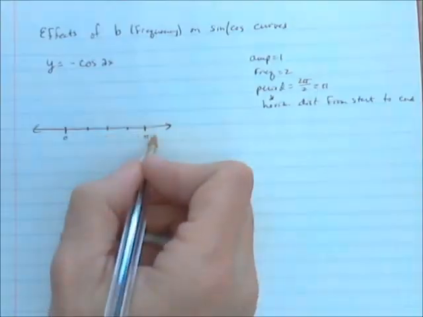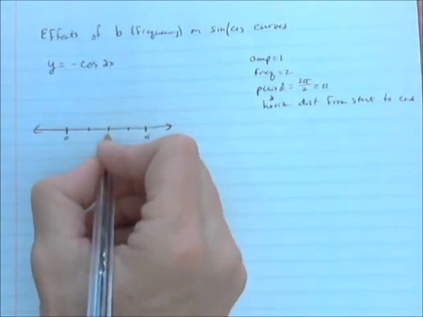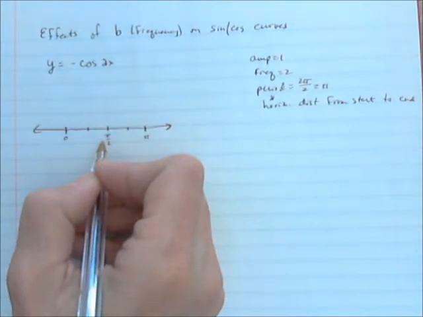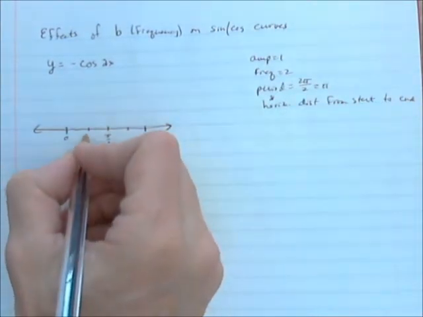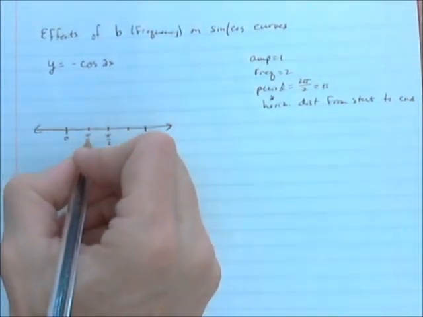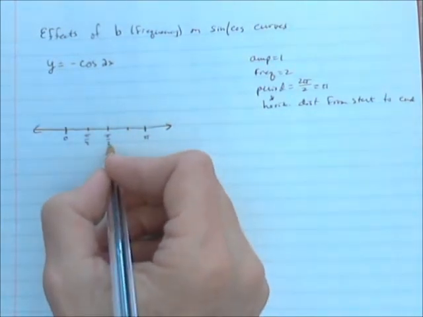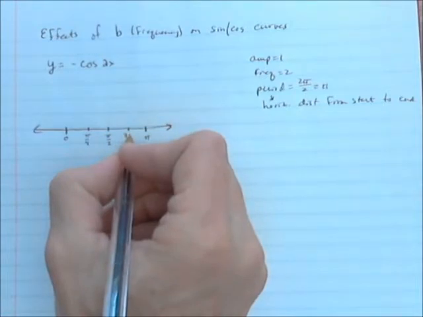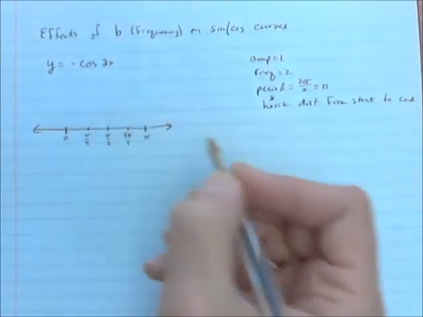And then halfway between 0 and pi is pi over 2. And halfway between 0 and a half is a fourth, so this would be pi over 4. And halfway between 1/2 and 1 is 3/4, so this would be 3 pi over 4.